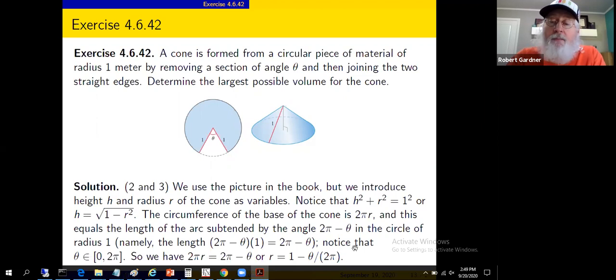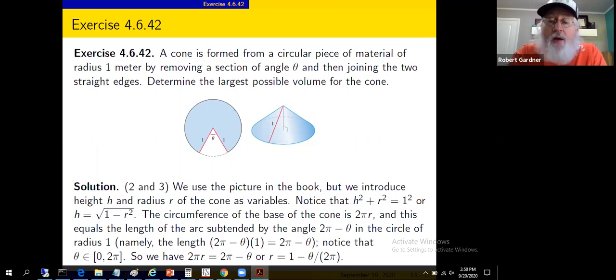Ooh, and if we've got r, we can find h as well. So we can find everything in terms of theta. We're ultimately looking for a function that expresses the thing to be maximized, the volume of the cone. So we want to write the volume of the cone as a function of theta. That's why we're doing what we're doing.